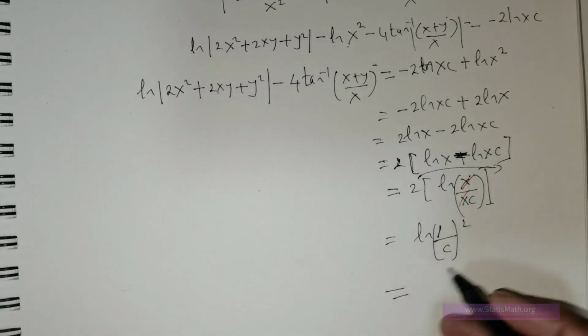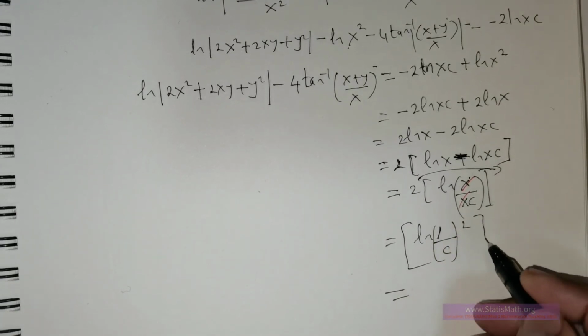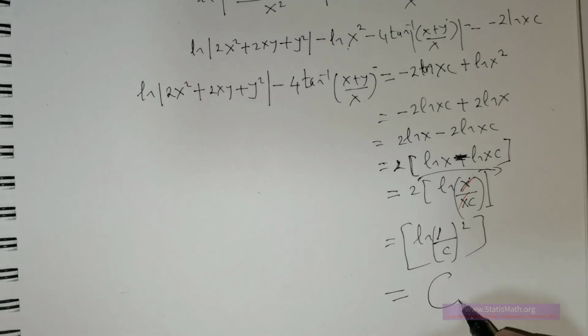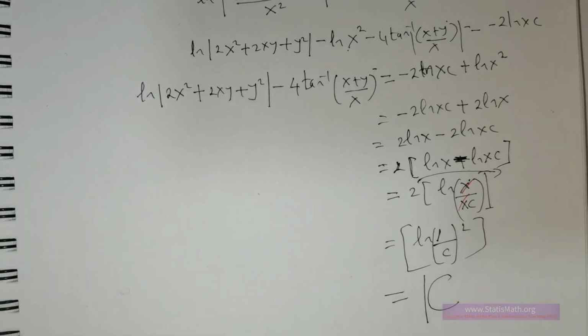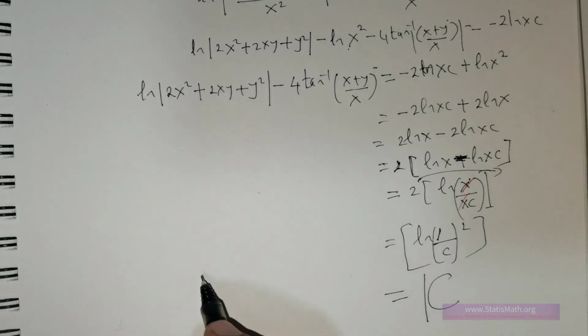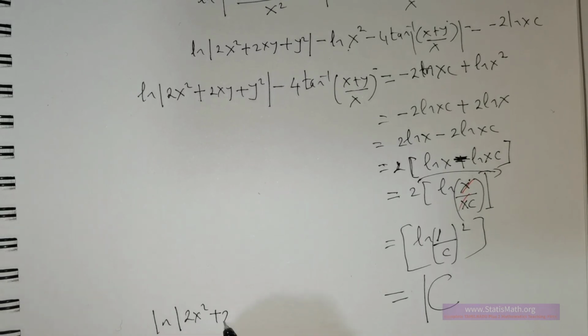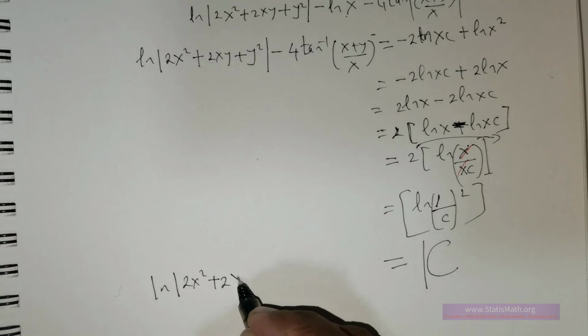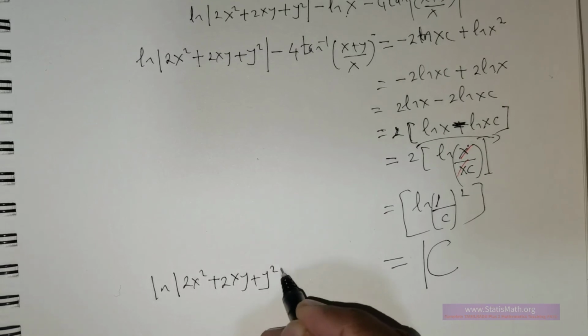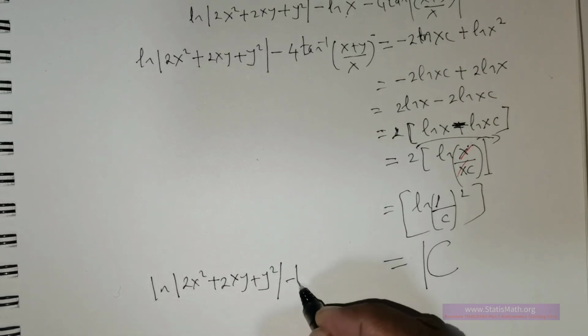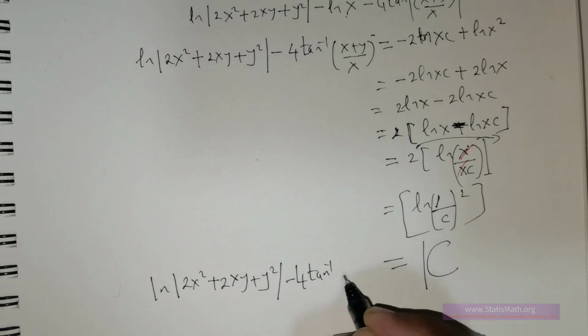This entire thing can be written as a constant, say some kappa. So on the left you would have ln of 2 times x squared plus 2 times xy plus y squared, minus 4 times tan inverse of x plus y divided by x.